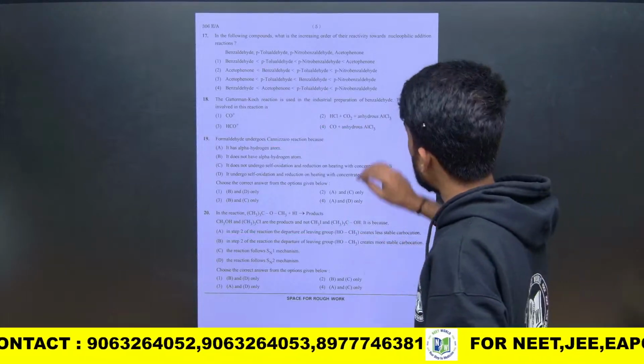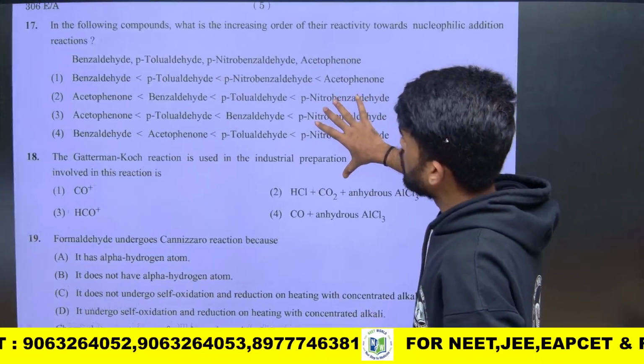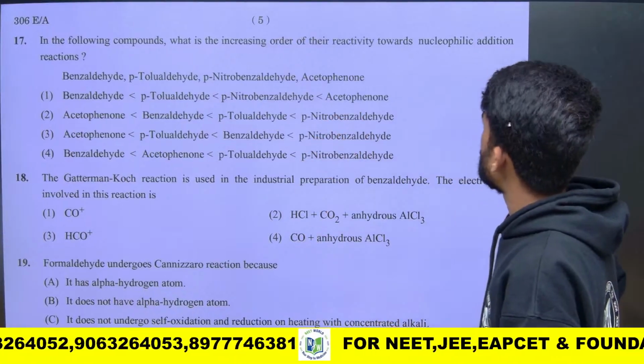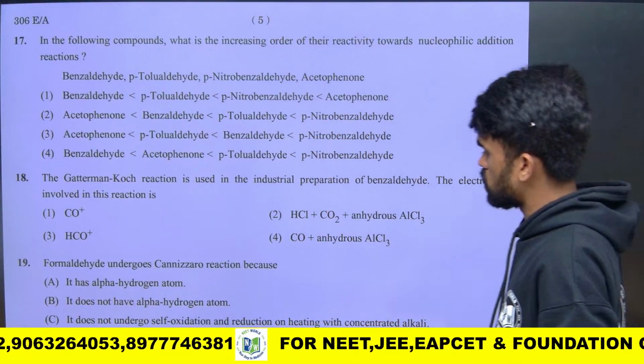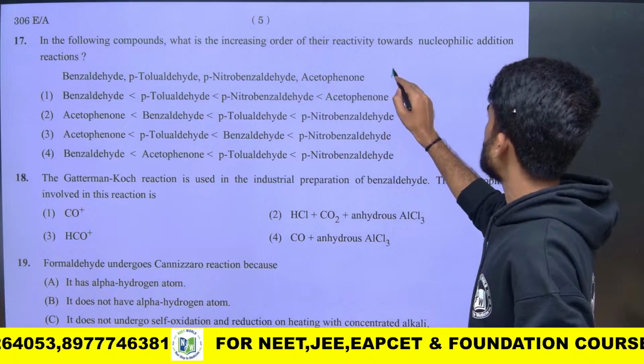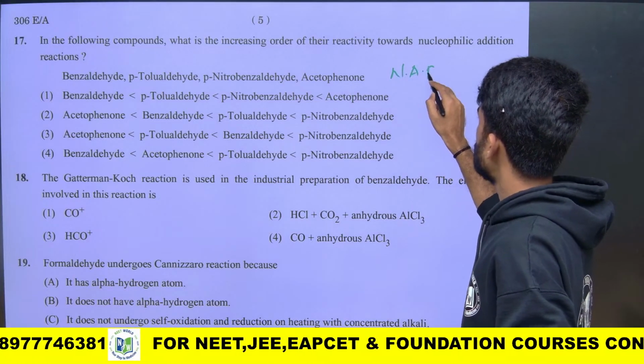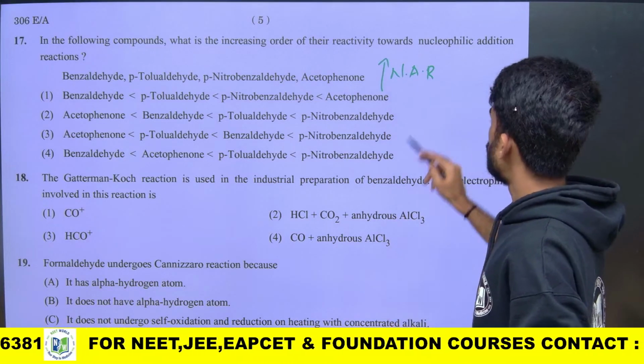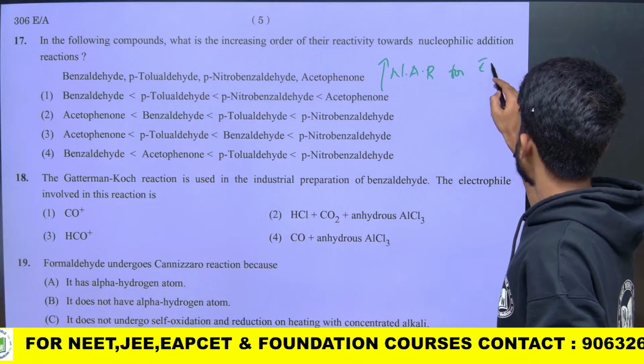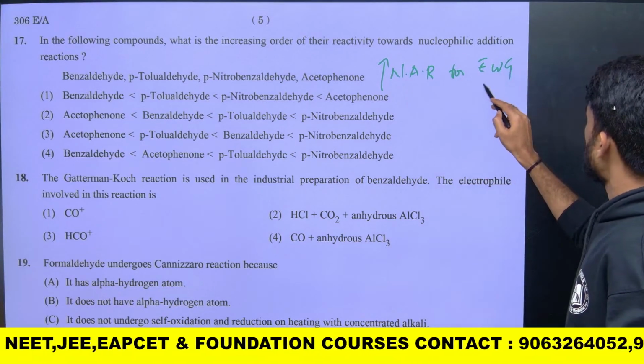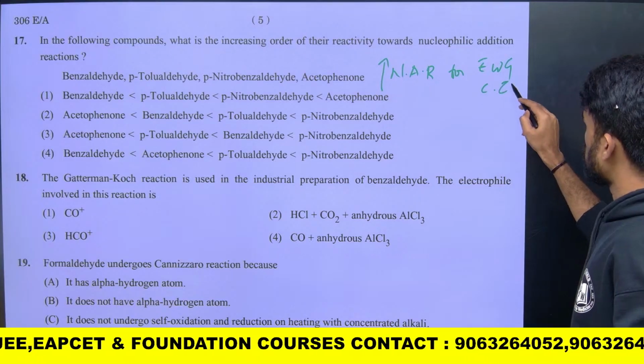And the next we have is: in the following compounds, increasing order of reactivity towards nucleophilic addition. Here nucleophilic addition reactivity increases for carbonyl compounds containing an electron withdrawing group.